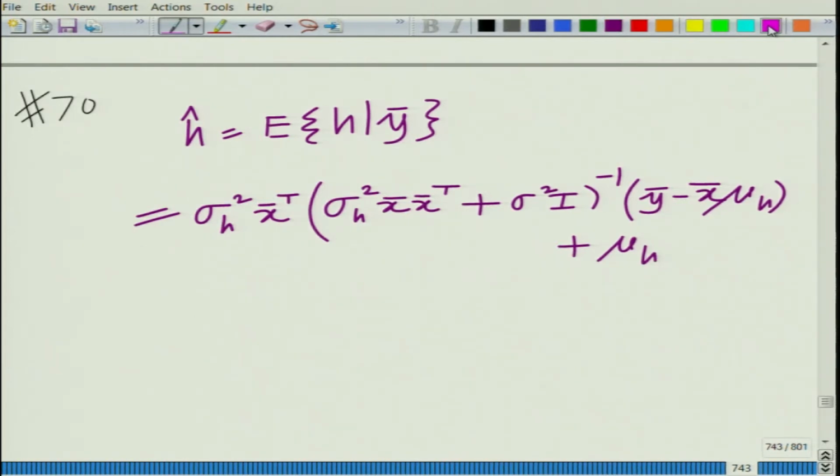So this is the expression for the expected value of h given y bar, what we are calling the MMSE estimate of h.